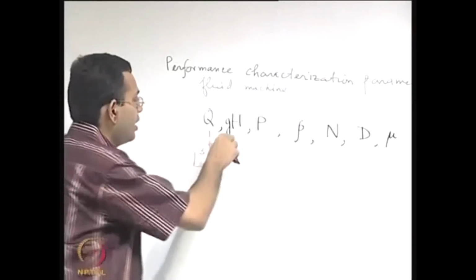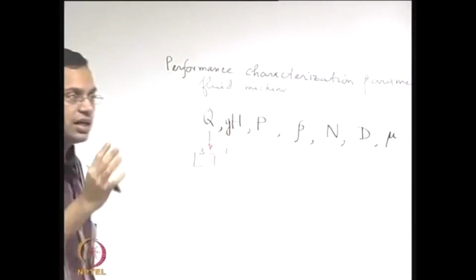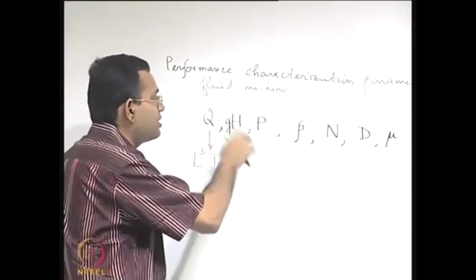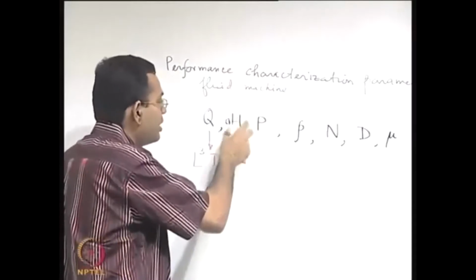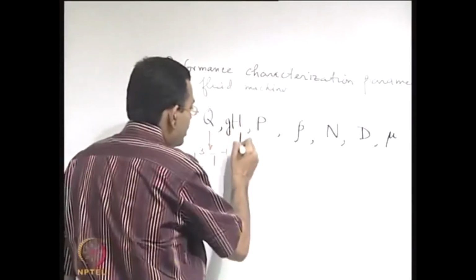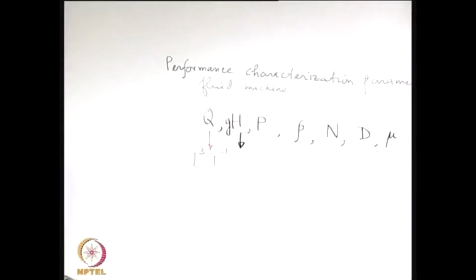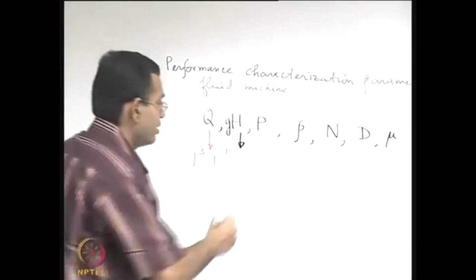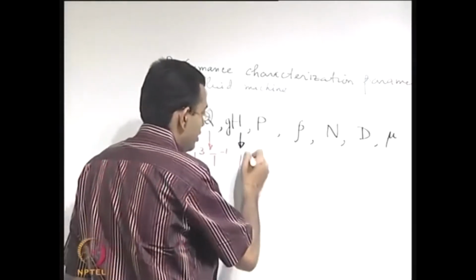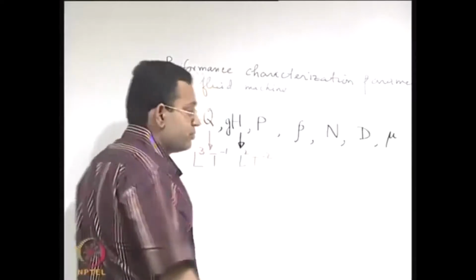So considering g as a prefix of this H does not disturb the nature of the variation because g is a constant as such, but it gives a feel of energy directly. So if you consider gH, then what is its dimension? Yes, L square T to the power minus 2.